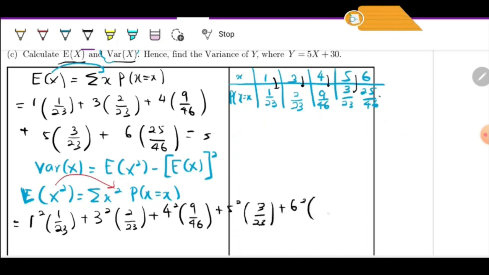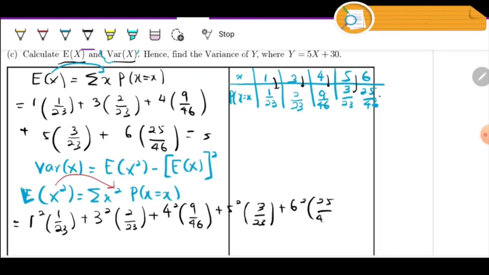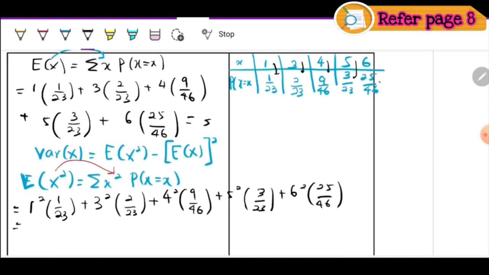Finally, 6 squared times the probability. And the answer is 616 over 23. So substitute the value into the variance formula.